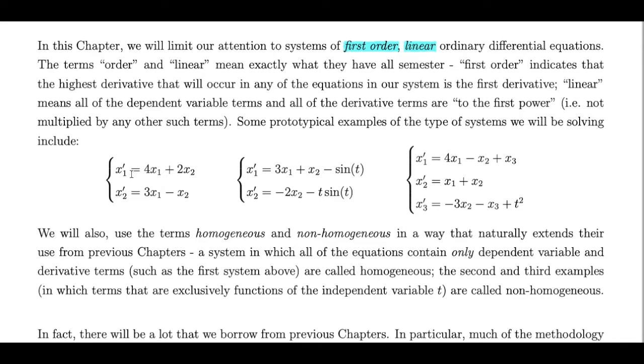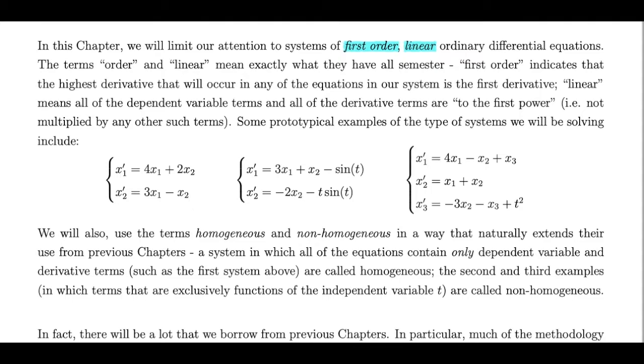So in this first system, the derivative of the first function is dependent on the first function itself as well as the second function. So x1 prime is equal to 4x1 plus 2x2. Similarly, the derivative for x2 is defined in terms of both functions. And remember that each of these, x1 and x2, is a function of time.